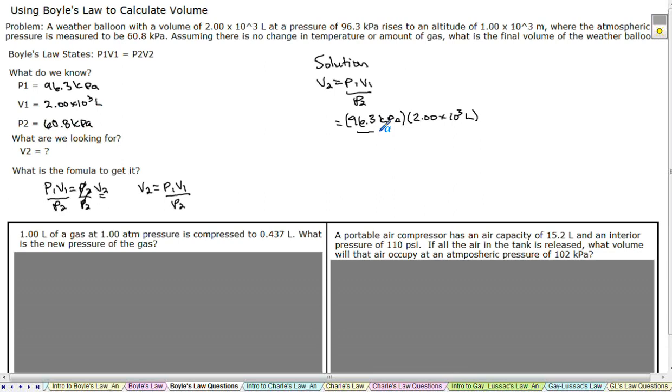Now we hit our calculator. Remember, if pressure goes down, then volume must go up.